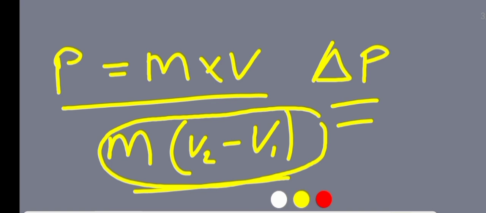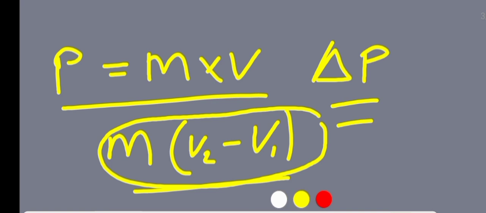What we are going to end up with is an equation of motion that shows that changing momentum and impulse are equivalent.